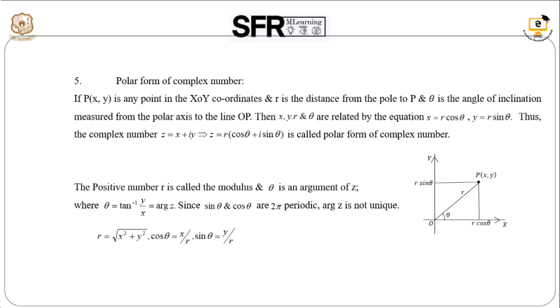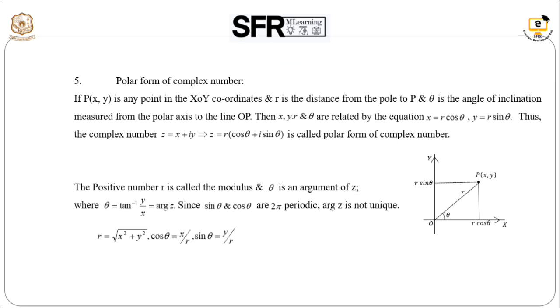When you resolve along the real axis, we get the coordinate r cos theta. When you resolve along the y-axis, that is the imaginary axis, you get the value r sin theta. Therefore, the point has two coordinates, r cos theta and r sin theta. You complete the triangle, then you get the r value as usual, the modulus.